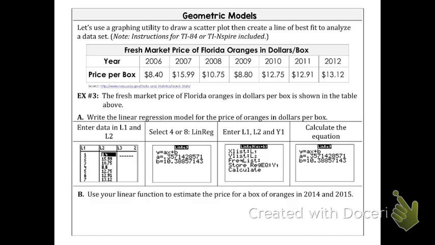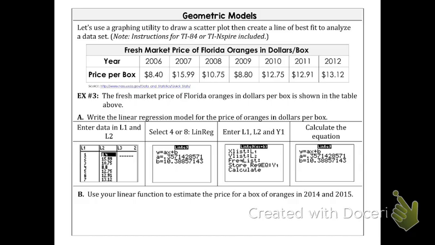Let me check. All right, so I did check. Yes, at the very back of your notes, you'll see directions on how to input things into the scatter plot for a TI-84 and a TI-Nspire. Those are the only two I have instructions on.